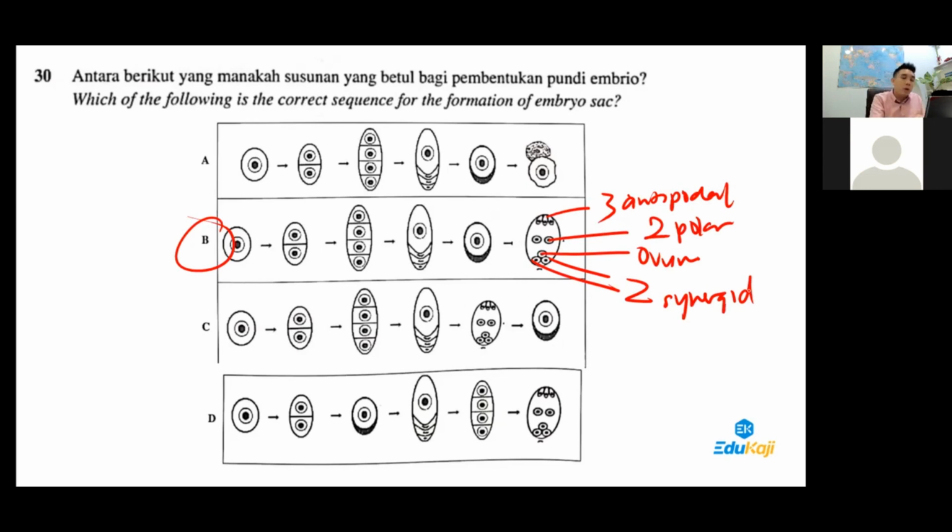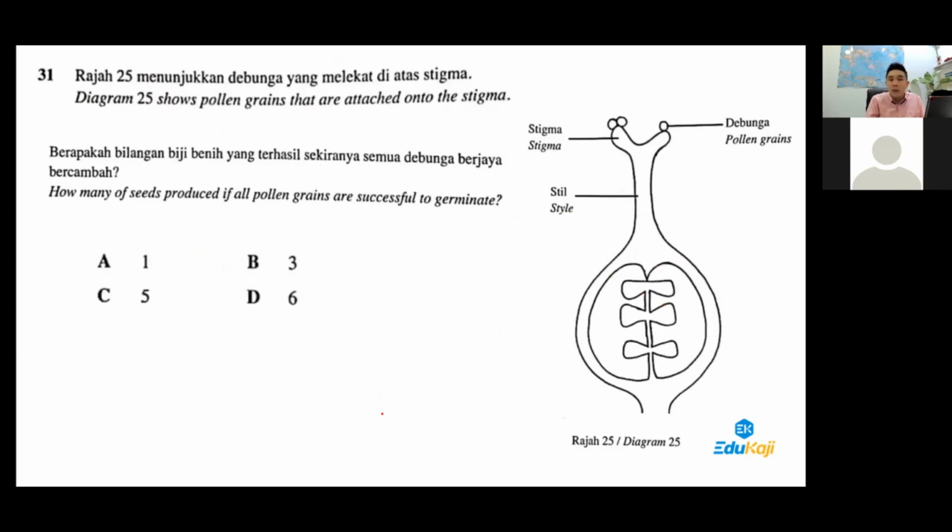So obviously for donkey, this is wrong. This one doesn't make sense. Something is wrong somewhere. Okay, so 30, boy. Guys, 31.